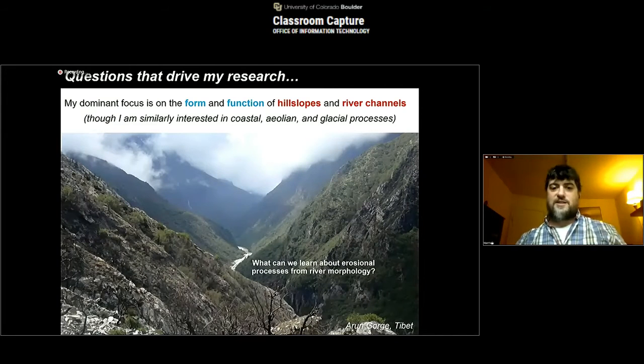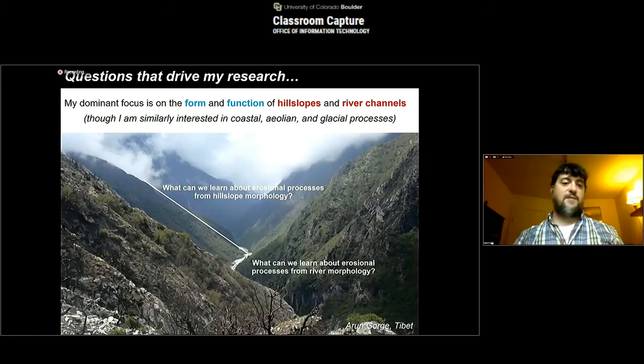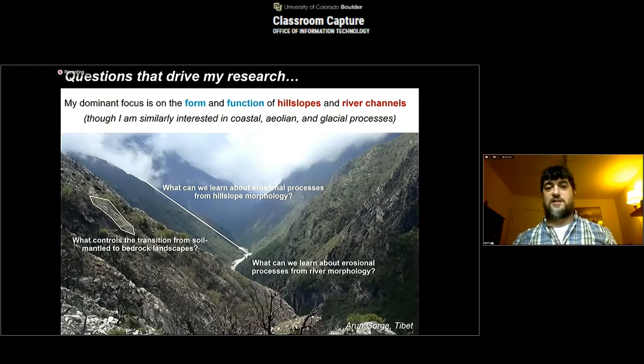And so when I see a landscape like this, I ask myself, what can we actually learn about erosional processes just by looking at the morphology of this river here? And the same thing can be said, what can I learn about processes from looking at the slopes that I see, the roughness on those slopes, the maximum steepness of those slopes. You'll notice in the foreground of this image, it also shows that in some places I have soils, and other places I don't have soils.